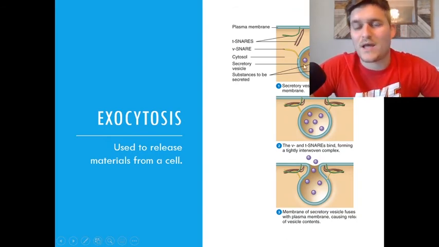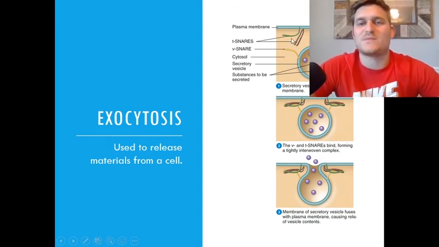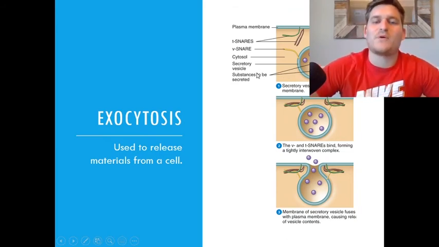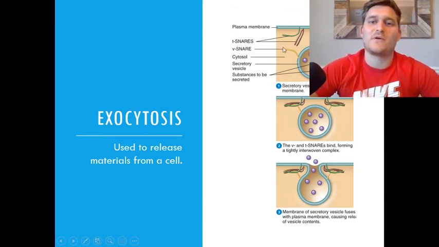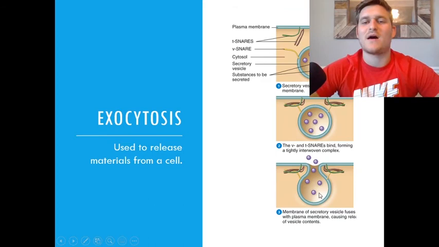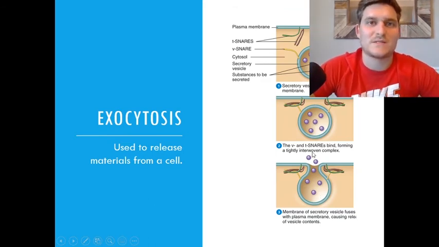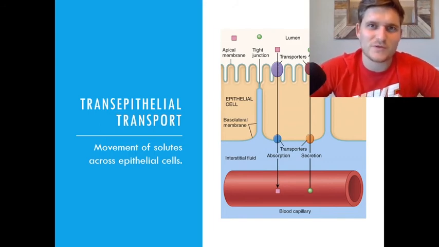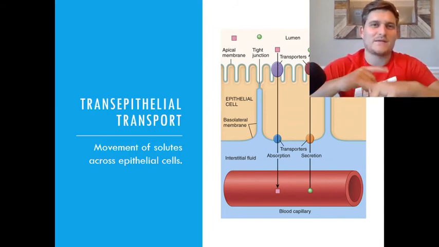The vesicles formed around these materials that are going to be exported contain proteins called SNAREs, and these SNARE proteins are responsible for tethering vesicles to the plasma membrane and then allowing the fusion of the vesicle to the plasma membrane to allow these particles to leave the cell and enter the extracellular space.